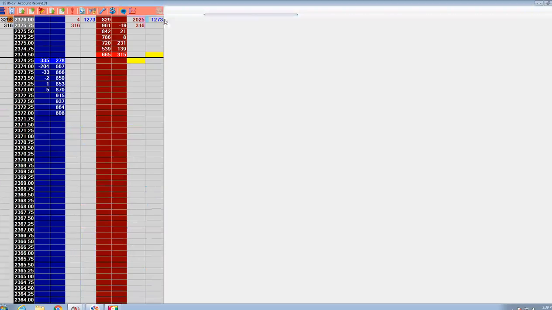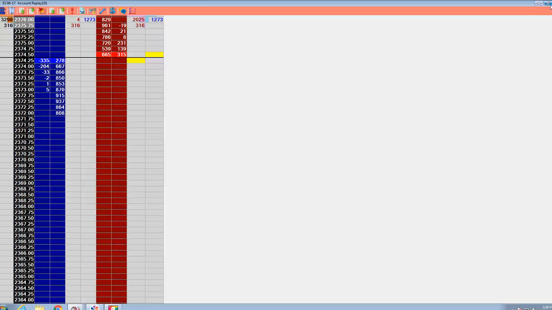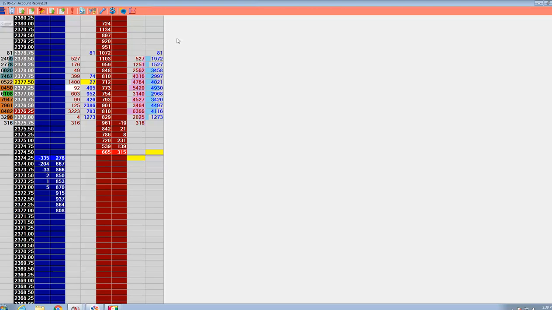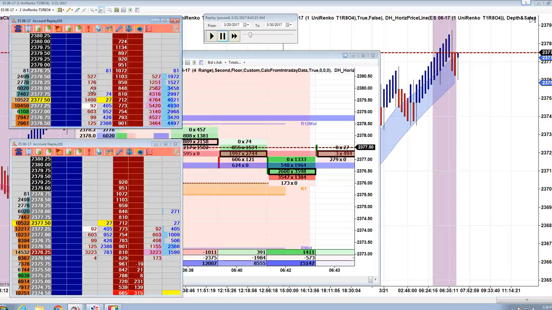I think it works pretty nicely. Other people may not like it for whatever reason, but I think it's very good to know where you've been, and then when you're actually in a trade, you can see the numbers in real time, and you don't have to start subtracting them in your head.